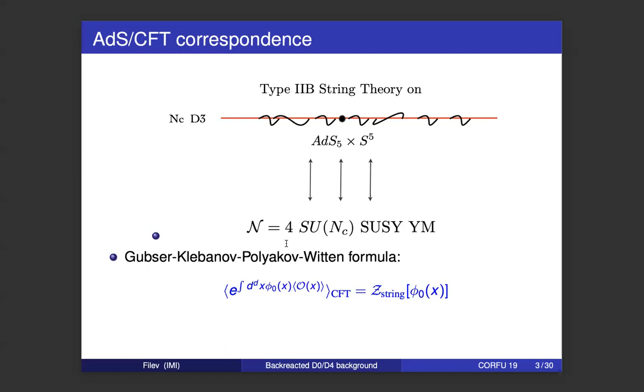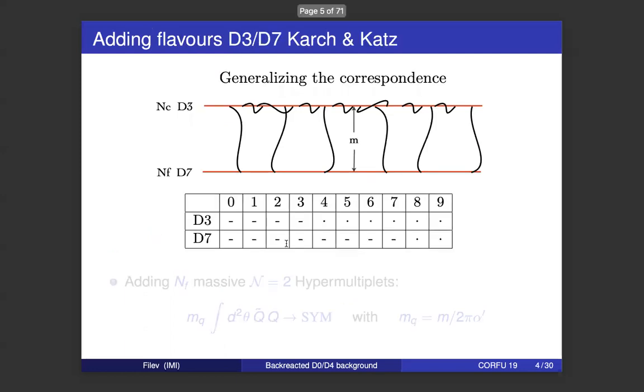So to introduce fields in the fundamental representation, it was proposed by Karch and Katz in 2002 to introduce D7 branes to the game.